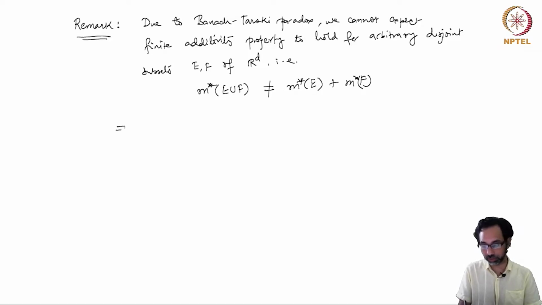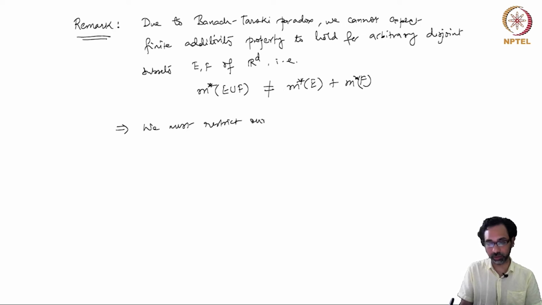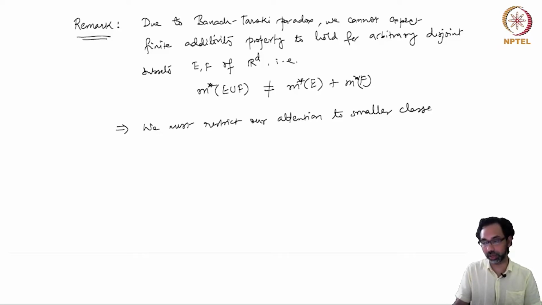So this implies that we must restrict our attention to smaller classes of disjoint pairs of sets E and F. Rather than taking arbitrary sets E and F, we have to restrict what kind of sets we allow for considering finite additivity.